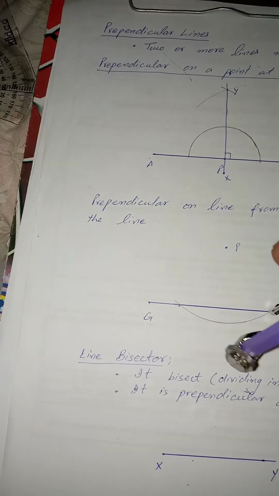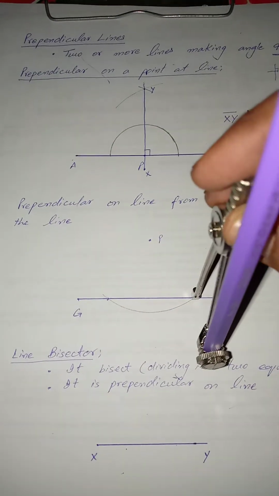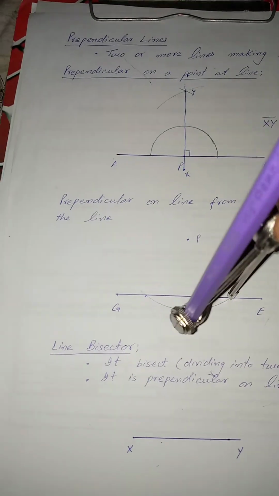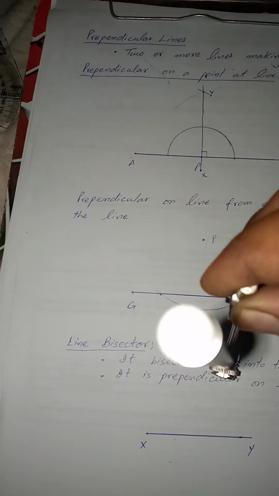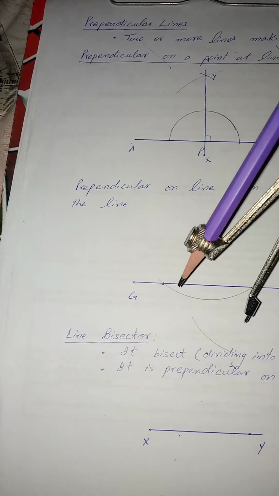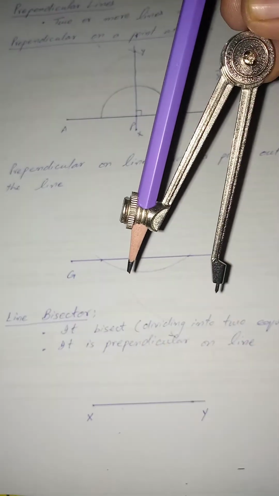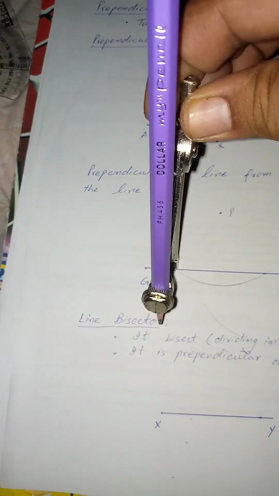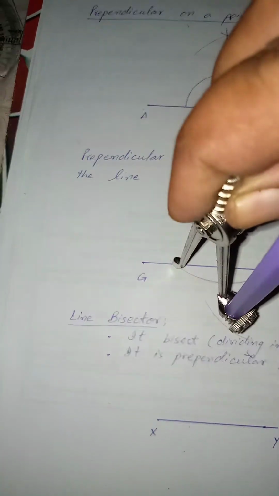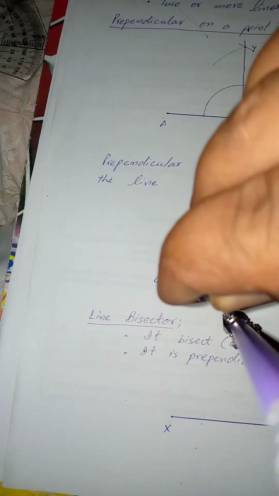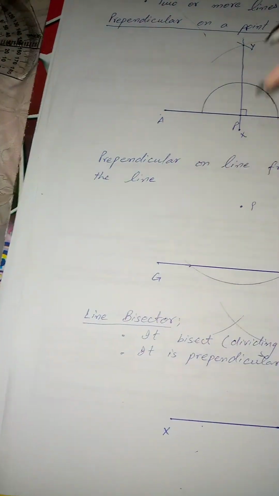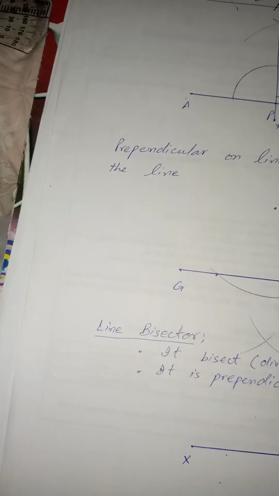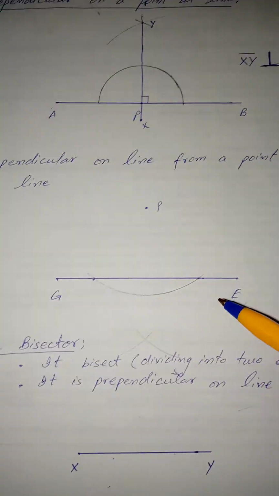The method of bisecting is that you place your compass at one side and draw an arc, and then with the same length, without changing the radius of the compass, putting the needle on the other side, draw an arc which will intersect the previous arc.